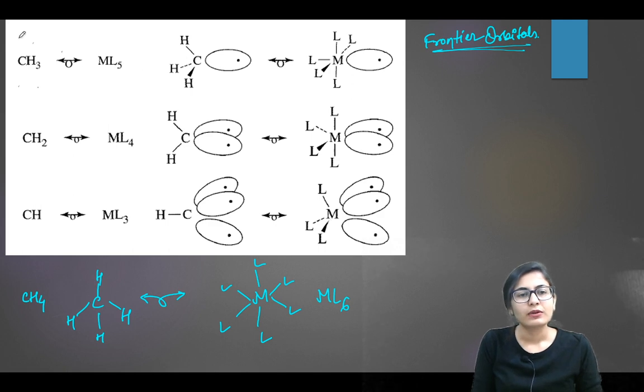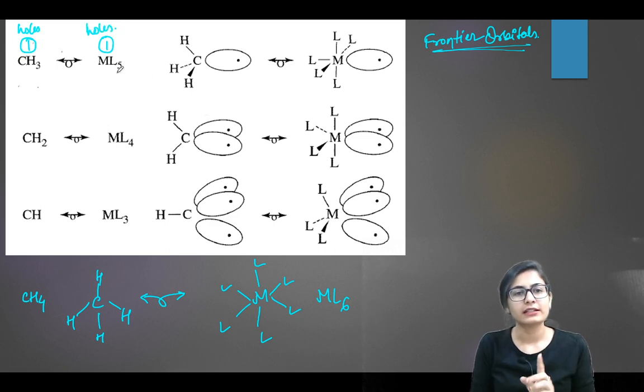Now what about CH3? Using the hole formalism, we have already seen that the CH3 fragment and ML5 are isolobal based on the number of electrons or the number of holes. Holes is equal to 1 in both cases. Now what about the frontier orbital?